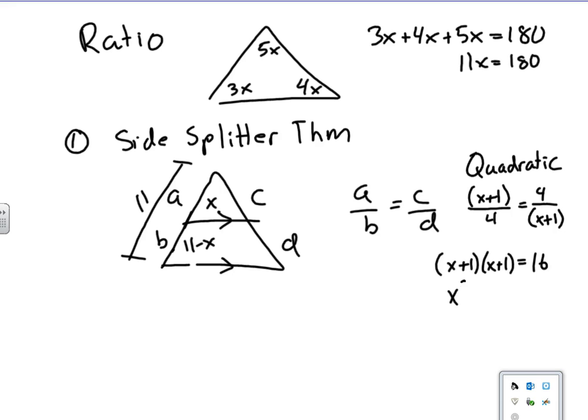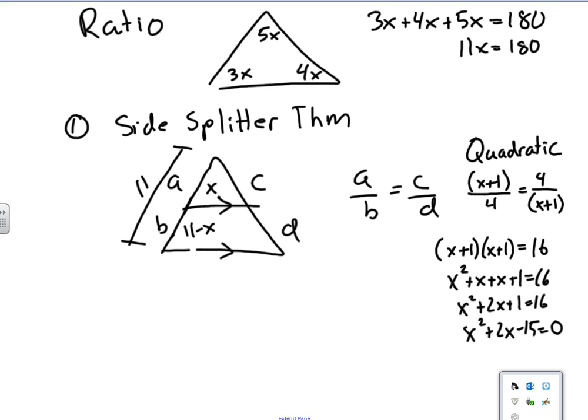So you have x squared plus 2x plus 1 equals 16, x squared plus 2x minus 15 equals 0. And you know, factor it. That one actually is factorable, or use the quadratic formula.